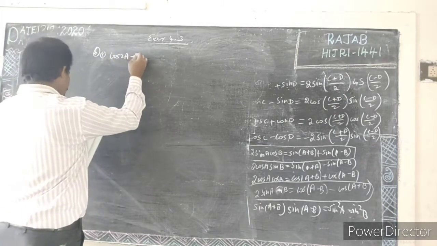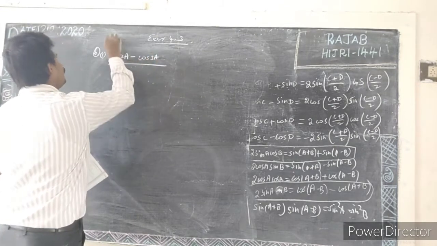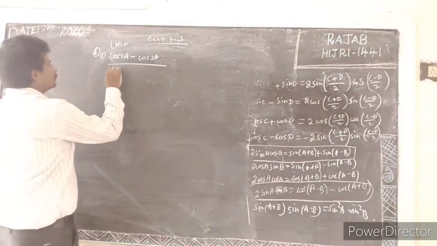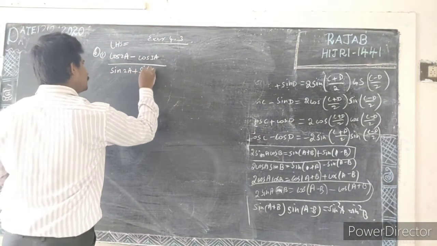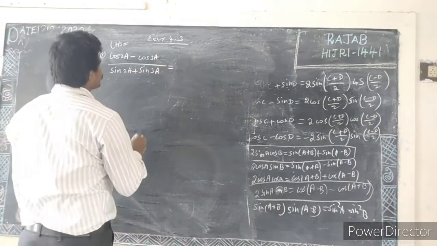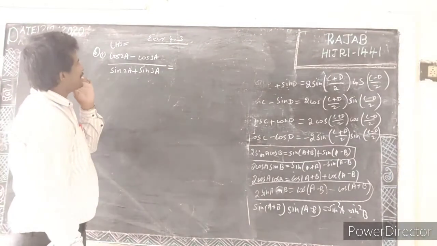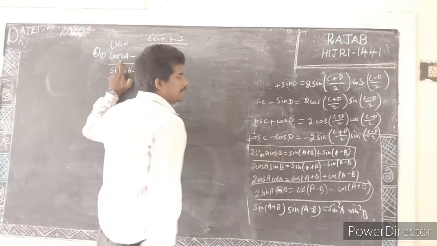Cos 2a minus cos 3a by sin 2a plus sin 3a. Look at the numerator. So this is the form of cos c minus cos d.